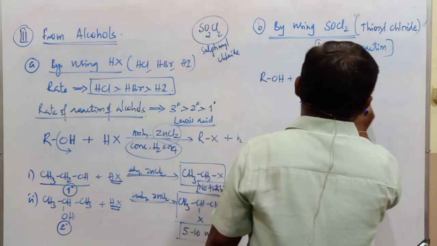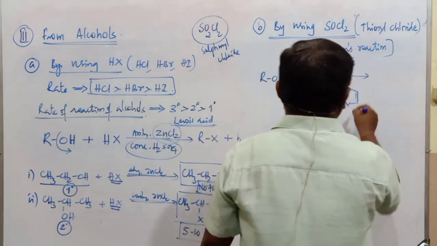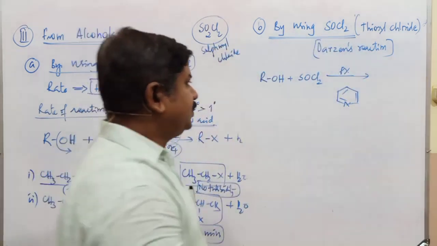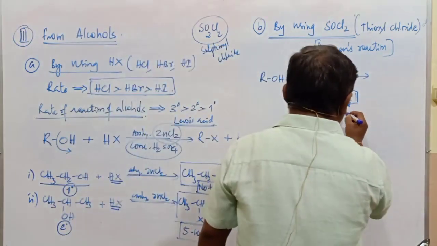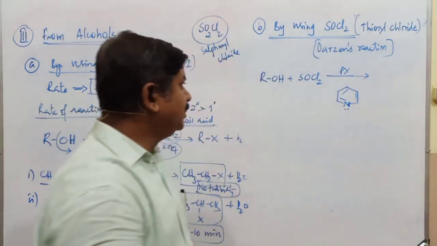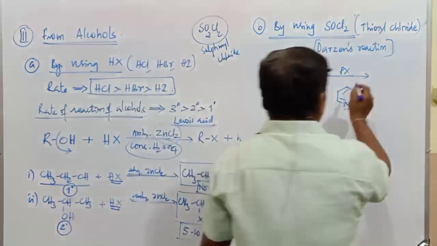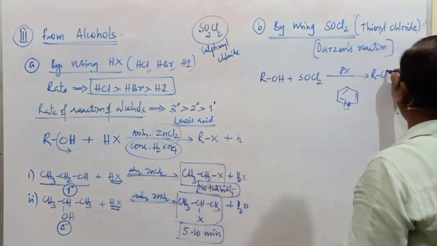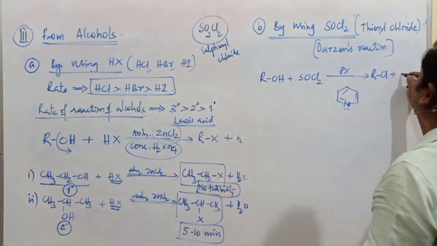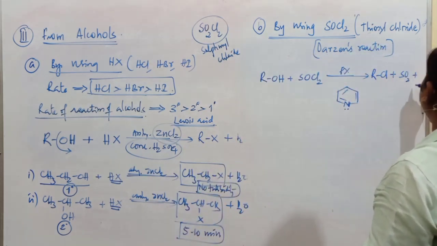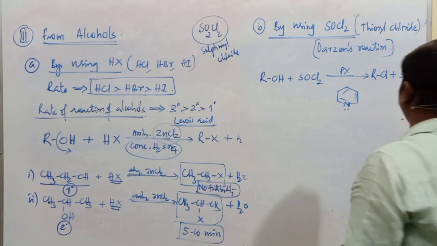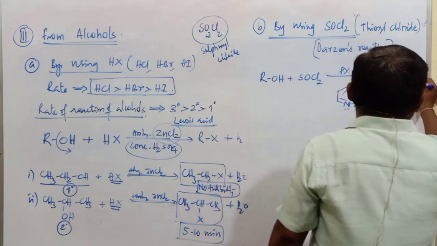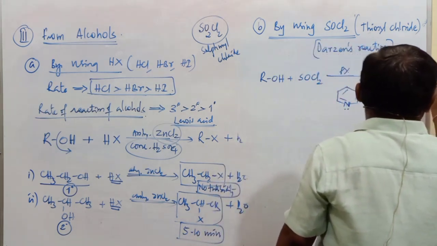The structure of pyridine is this one, a nitrogenous base. Nitrogen contains a lone pair of electrons, so naturally it acts as a Lewis base. What is the role of pyridine? Pyridine helps in the elimination of the acidic compounds. Here the compound obtained is RCl plus SO2 plus HCl.